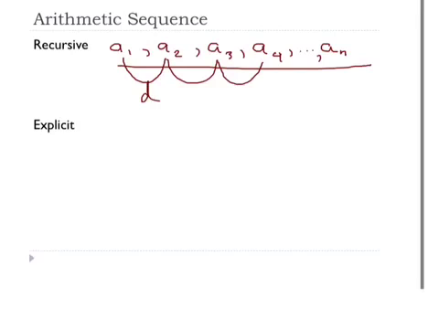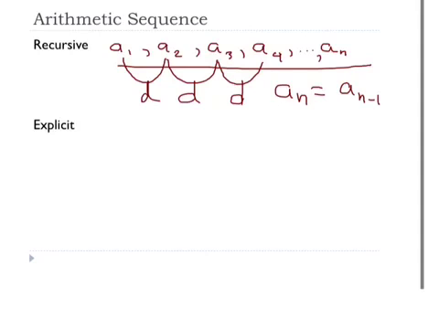Hopefully you remember it was D. D is the number that I'm adding or subtracting, the common difference between each of the terms of my sequence. And when I'm thinking about this recursively, if I'm looking for that A sub n term, I need to know the number that came before it. So if I'm looking at the nth term, I need to know A sub n minus 1. That just refers to the term right before it.